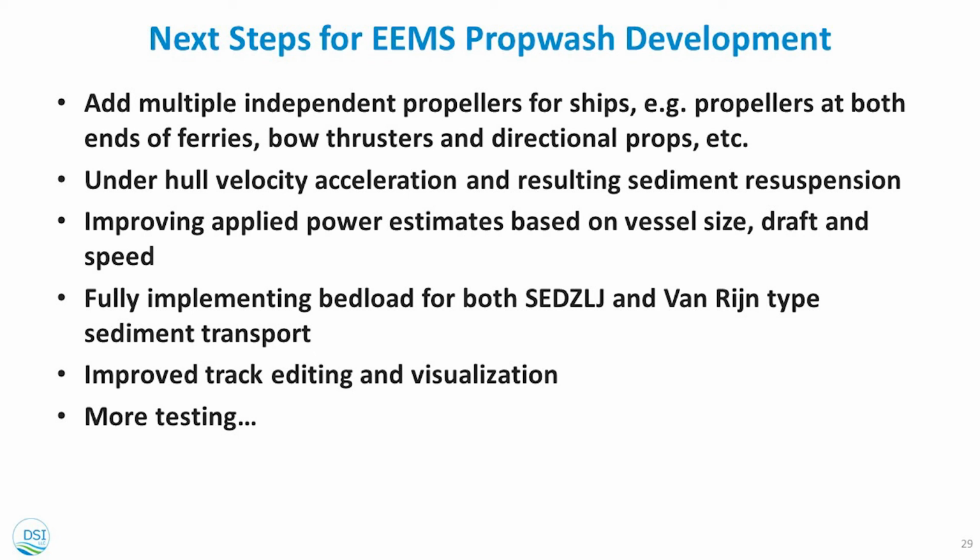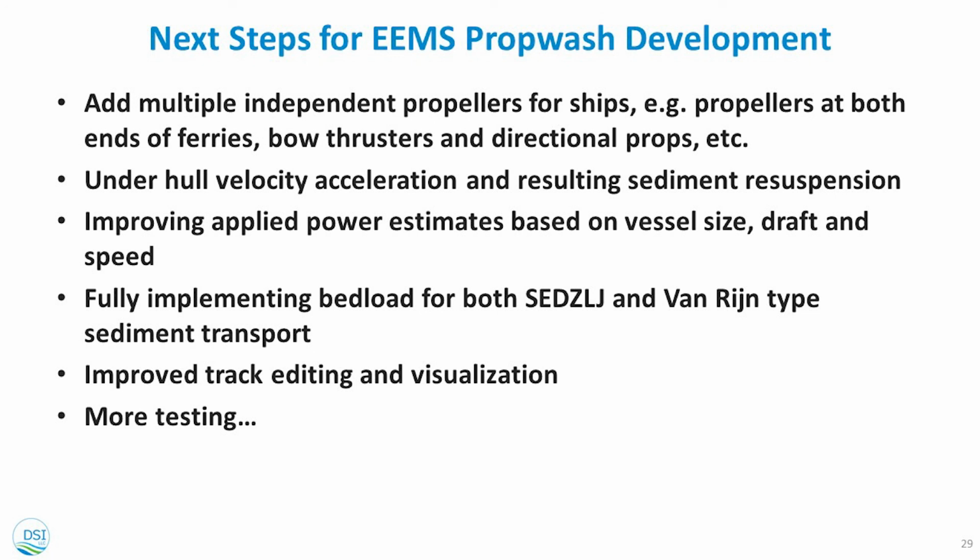We're looking at adding multiple propellers on a ship, which addresses things like the ferry, where a single ship has propellers on both ends going in two different directions. You also have bow thrusters, and directional propellers that will be added to the Propwash module. In addition, we will look at extending the vessel impact capabilities by looking at underhull acceleration.